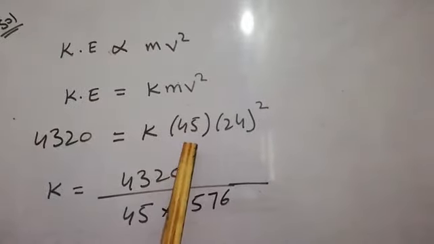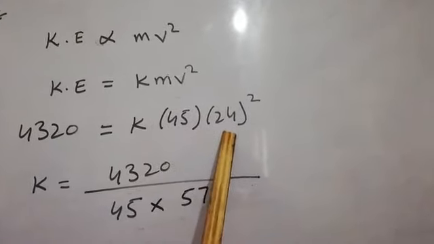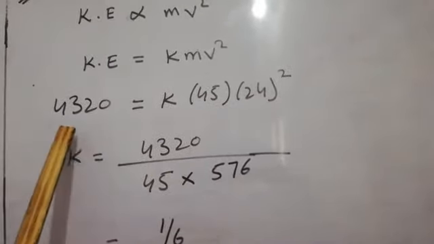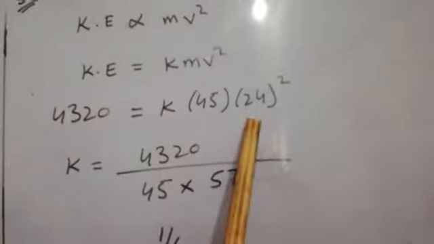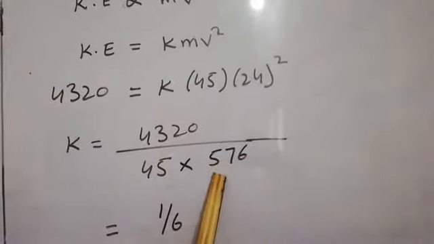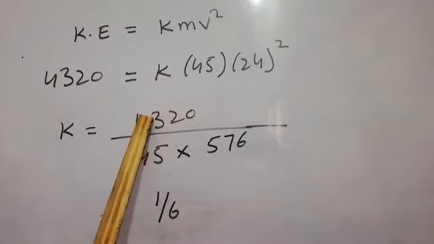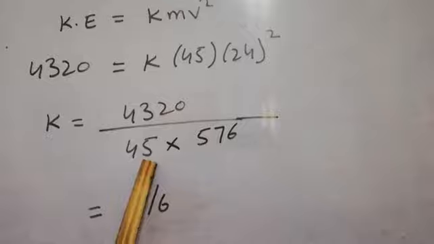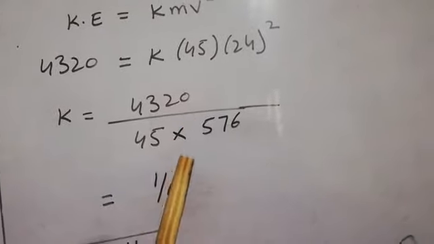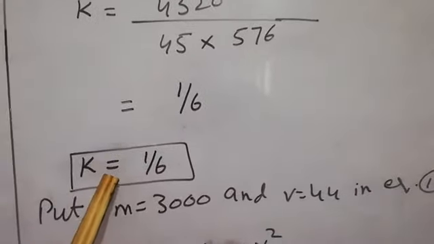So put the value of m as 45, v square is equal to 24 square. So we will divide the equation on both sides by 45 into 24 square, and 24 square is equal to 576. So we will get k is equal to 4320 divided by 45 multiplied by 576. After cancellation, we will get k is equal to 1 by 6. This is the value of k.